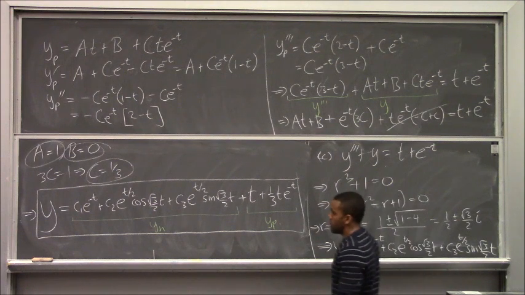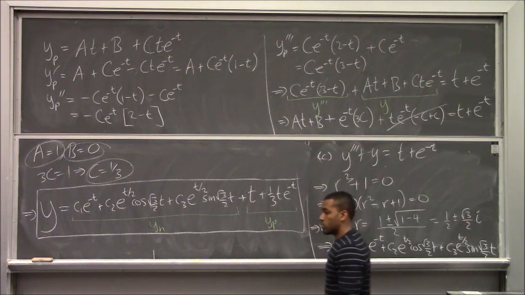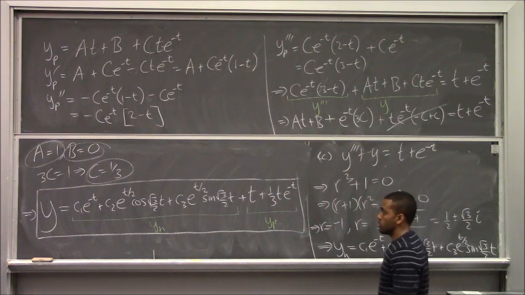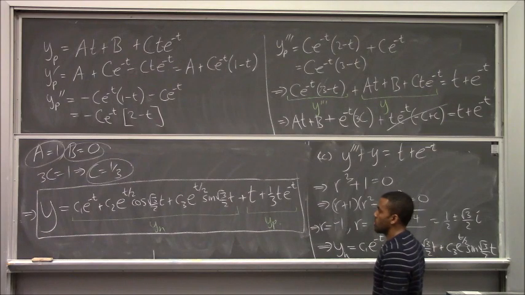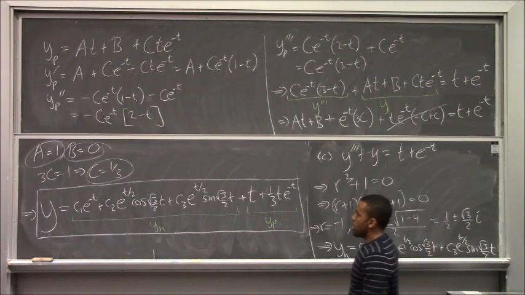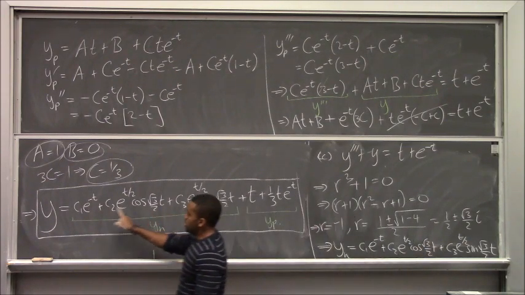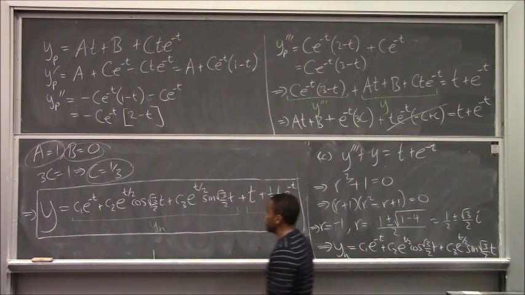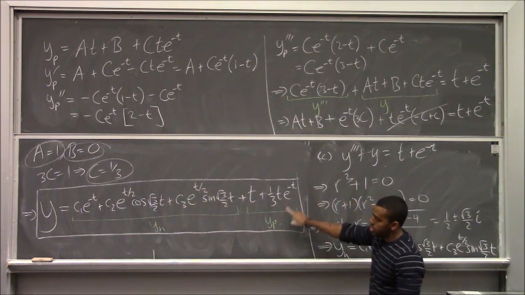Can you remind me why we have more terms than we have derivatives? I was thinking that I needed to have 3 terms coming out of this. Is it because there's a particular? There are 3 linearly independent solutions for the homogeneous case. This is a particular case.